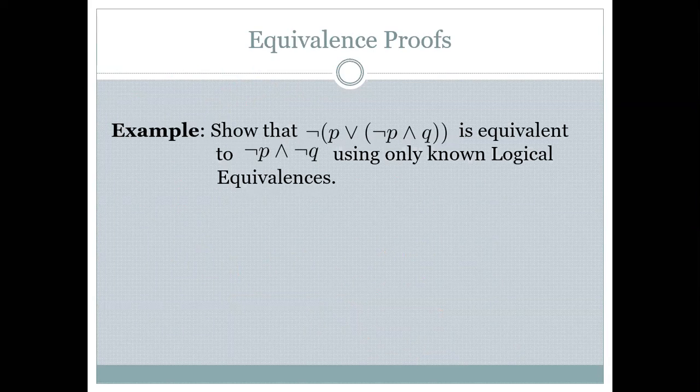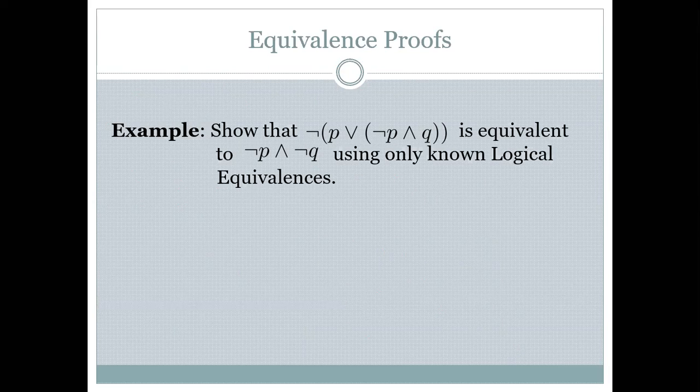Here's something to work with your neighbor on. Show that that thing is logically equivalent to that other thing, by using some logical equivalences. Show that that complicated first thing is equivalent to that less complicated second thing. That make sense? Actually, let's do this one together.